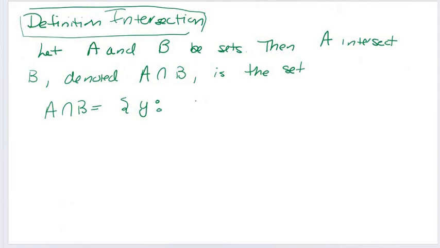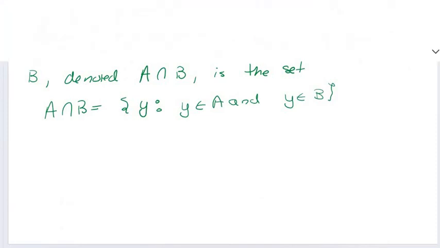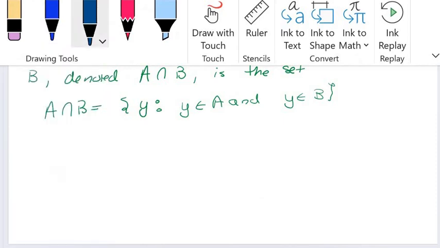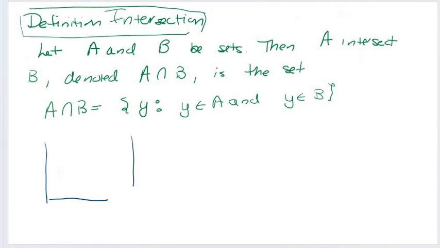I'm abusing letters, so I'm not going to use the X again. Intersection, it's in both of them. So when we had to do union, when I was little, we'd have to color in both.